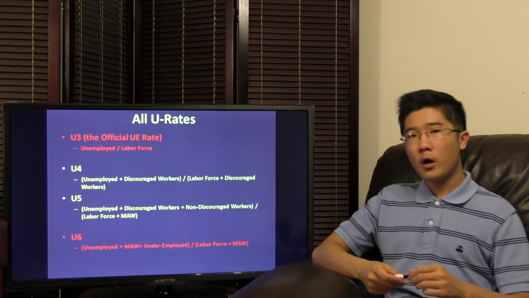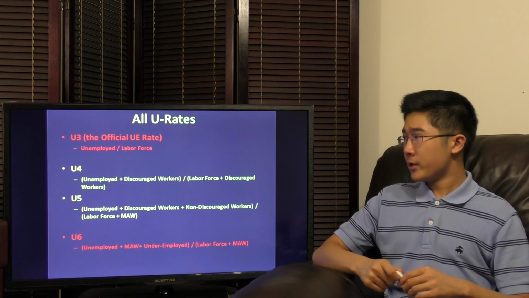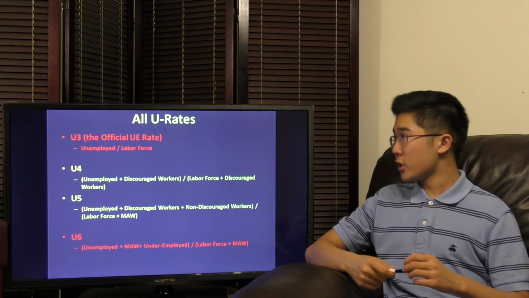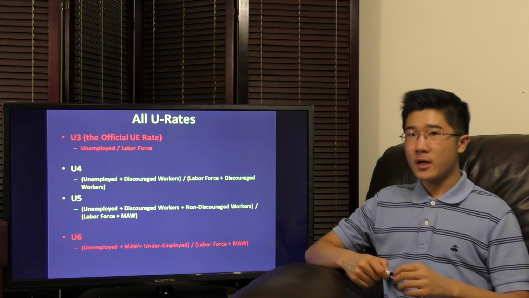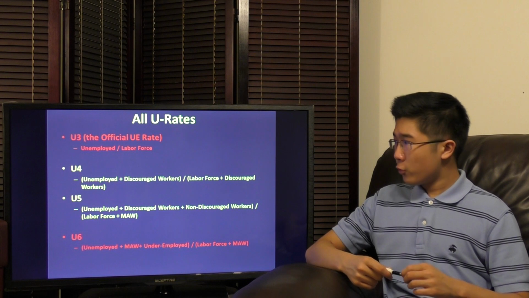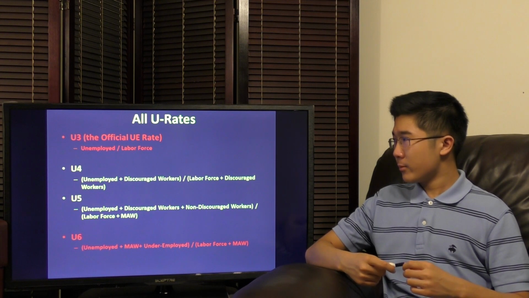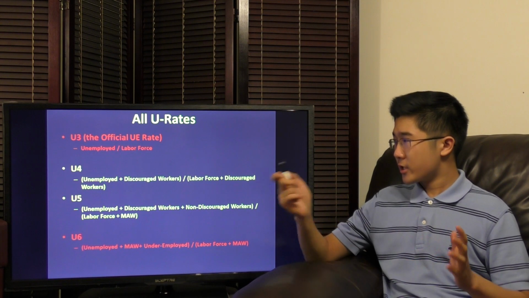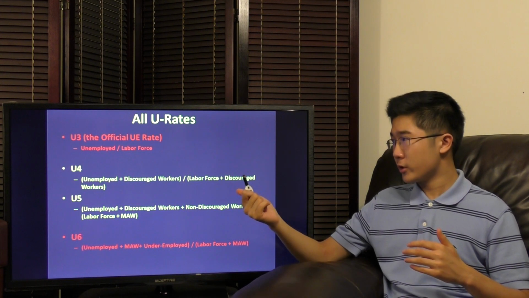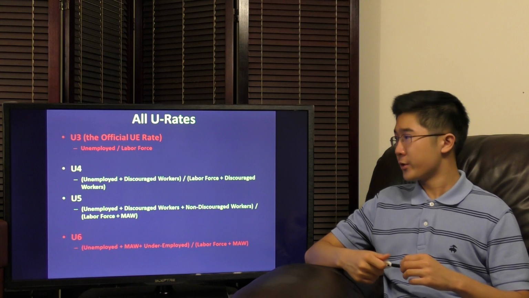So, what are the more broad measures of unemployment? Well, we already mentioned U3, the official unemployment rate, which is kind of controversial because it's so specific, and some people say it minimizes what the true unemployment is. U4 is slightly more broad. It's basically unemployed workers plus discouraged workers over the labor force, which is always higher than U3.